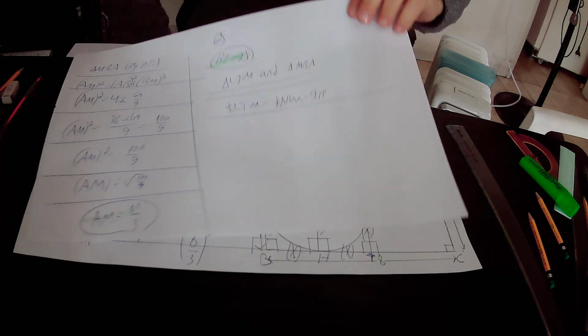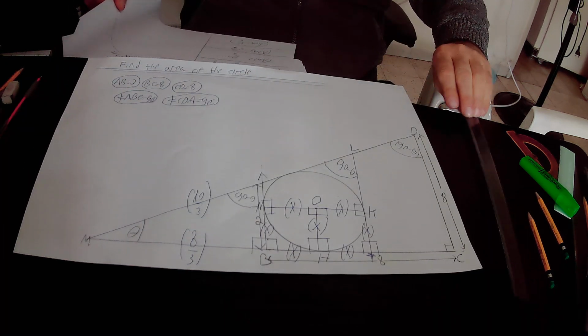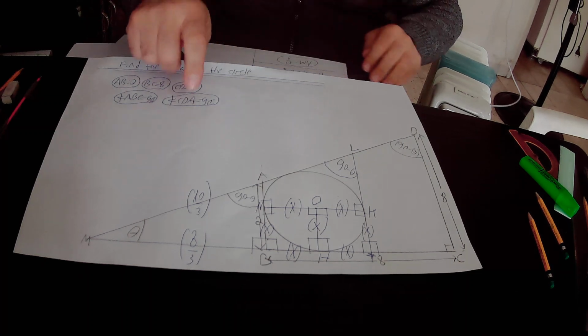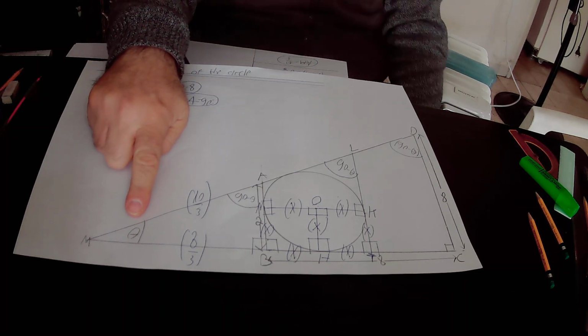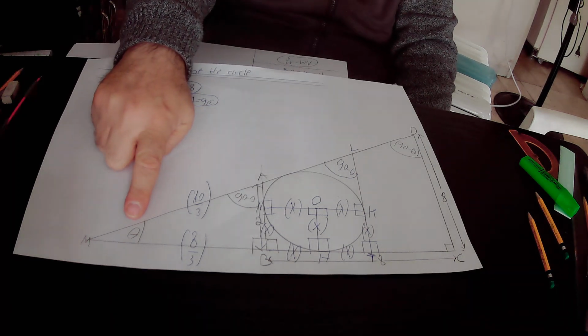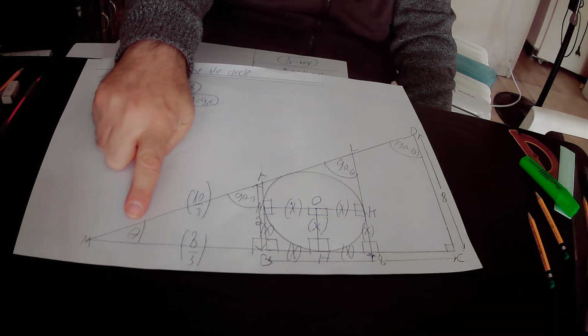In addition, we have this angle theta, that is a common angle, it belongs to both triangles, so we can write down that angle theta equals itself as a common angle that belongs to both triangles.